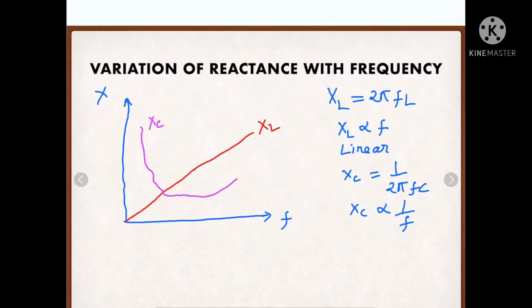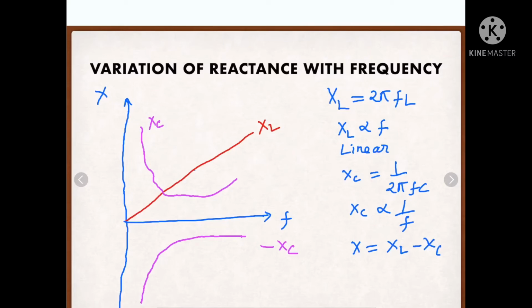Now if we want to calculate the total reactance, if you remember, total reactance is nothing but XL minus XC. That means we need to have minus XC. For minus XC, we have to go to the fourth quadrant. So this is your minus XC. Now XL minus XC, how will it look?